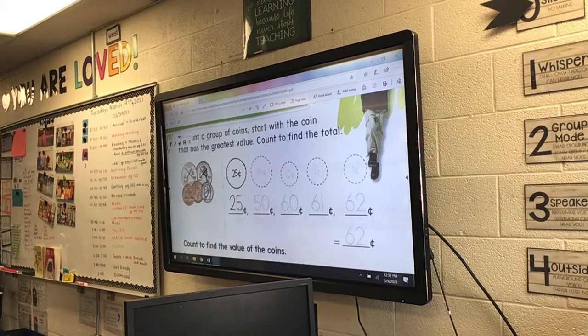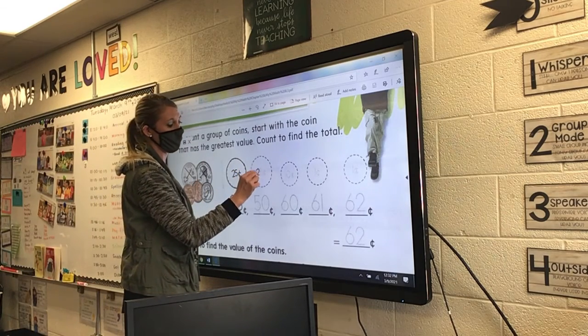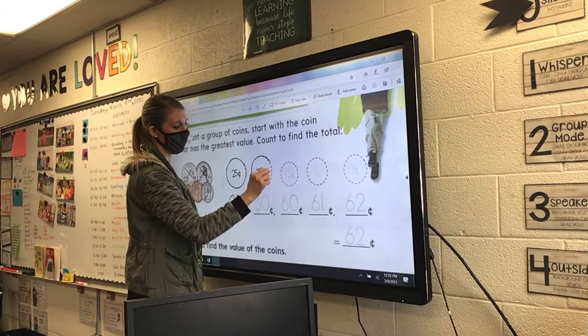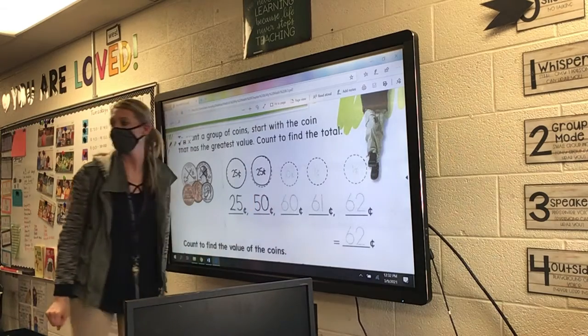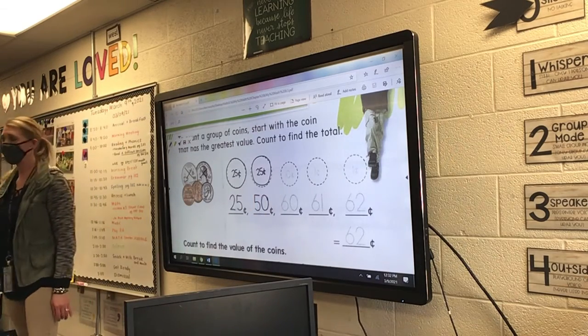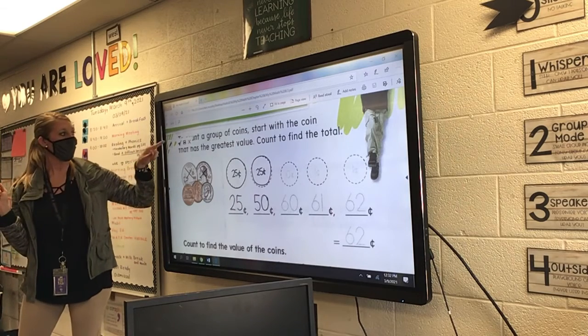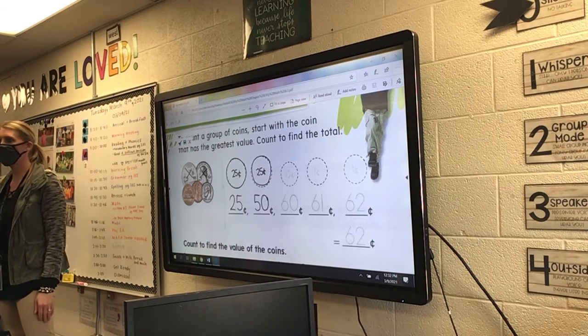Okay, now we have another quarter. 25 plus 25 is 50. So we have 50 cents now. So 2 quarters, 25, 50. Now, what is the next biggest value coin we should count?